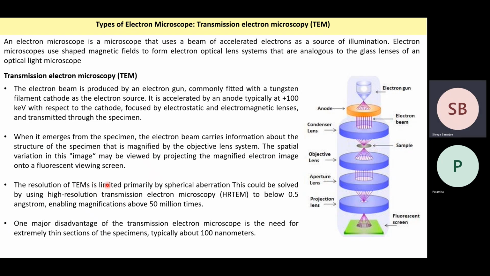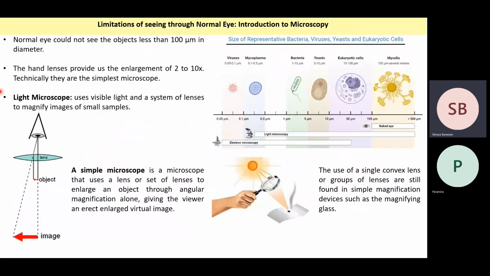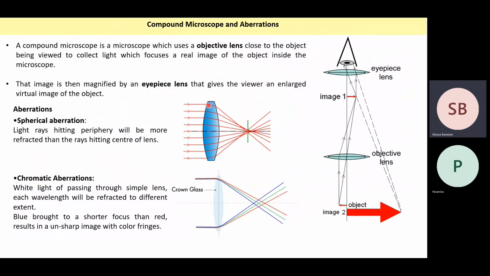The resolution of the TEM is limited by spherical aberration. We had learned about spherical aberration, where there was a problem in focusing the light rays because there were different degrees of refraction. So the rays passing through the corners were refracted more, and the rays passing through the middle were refracted less.